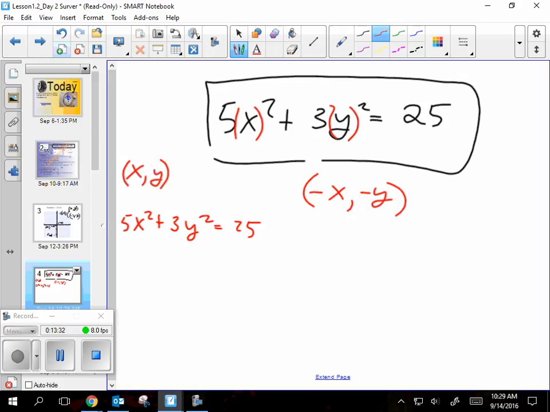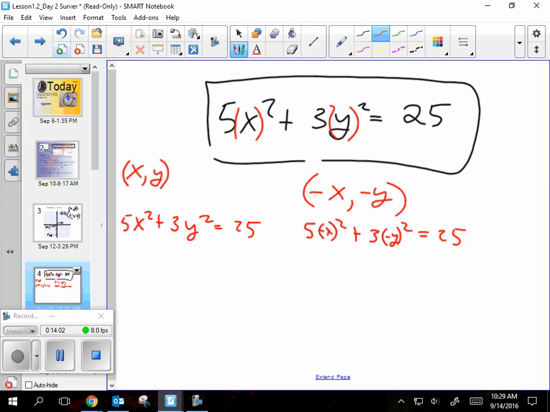So I'm going to take the same exact equation that I had, except instead of the x, I'm going to put an empty spot. 5 something squared plus 3 something squared equals 25. And instead of x, I'm going to put in what? Negative x. Don't pick a number, because you'd have to pick a number that exactly worked in this function. And that's a pain to try to find an exact pair that works in this function. Okay? So we're just going to use negative x and negative y.